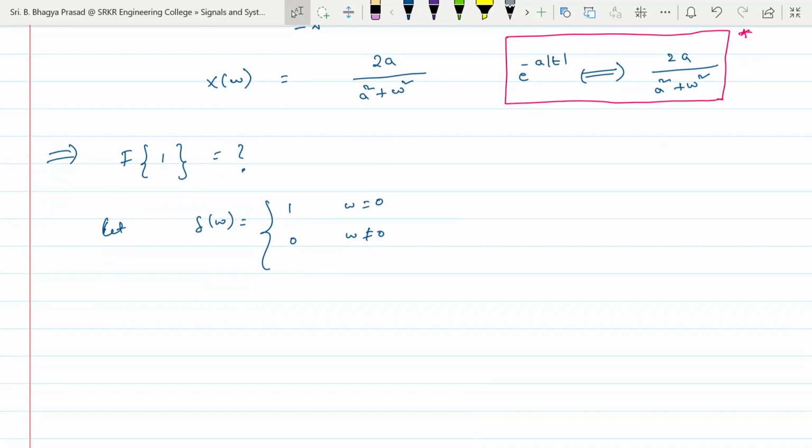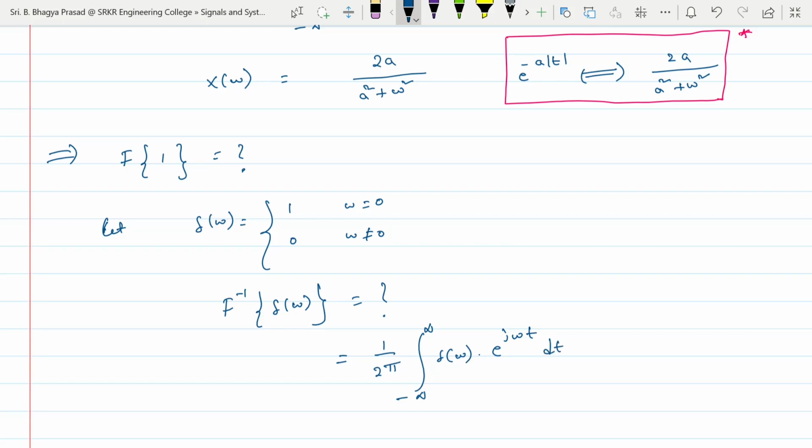So we find out the inverse Fourier transform of delta of omega, that is F inverse of delta of omega. F inverse of delta of omega is 1 by 2 pi, integral from minus infinity to infinity of delta of omega e power j omega t d omega.